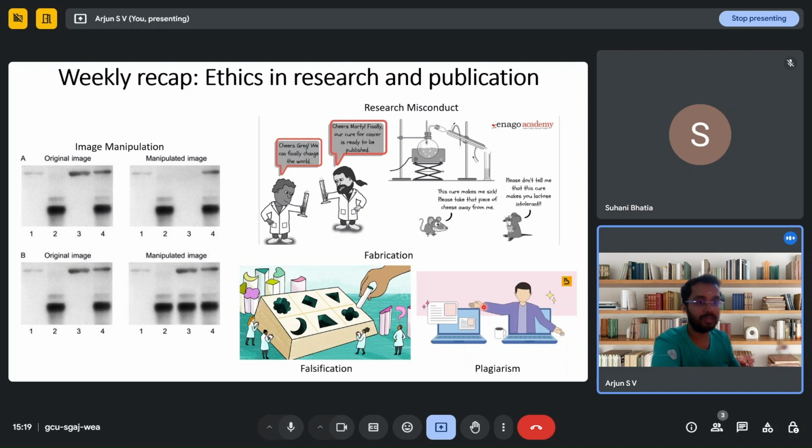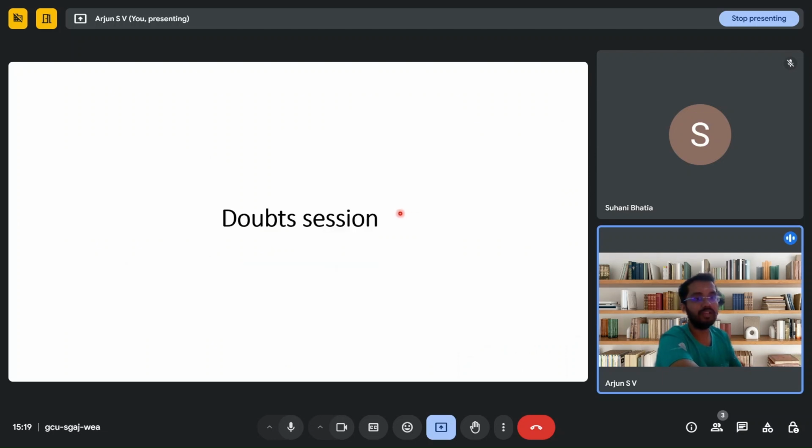It ranges from scientific paper misconduct, where you copy someone else's data, to self-plagiarism, where you copy your own data in a different manner. After this, we also saw some causes and cases of research misconduct, and how we can avoid them. So that's all I have for the general recap of week 8.